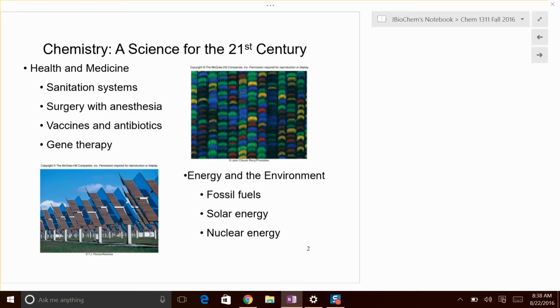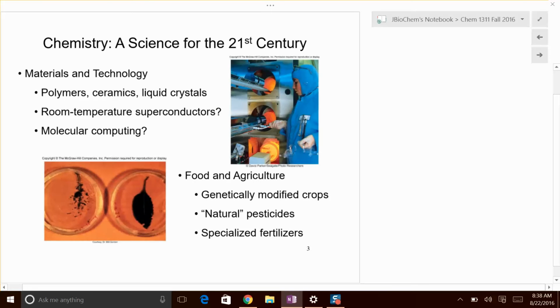So chemistry feeds into a lot of different areas within the professions and science. So you can do a lot of inorganic chemistry kind of stuff with polymers and ceramics, or more of the organic stuff with food and agriculture.